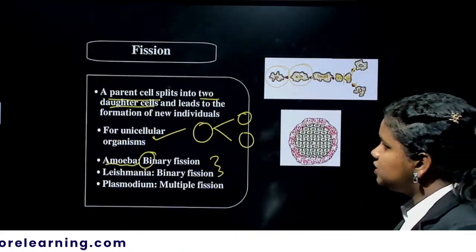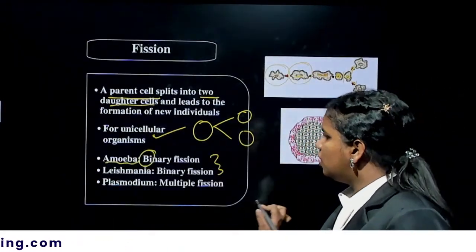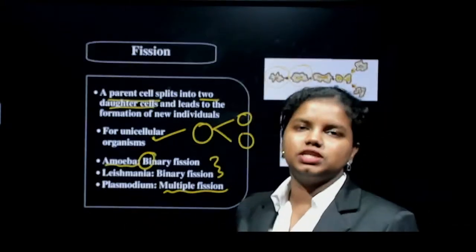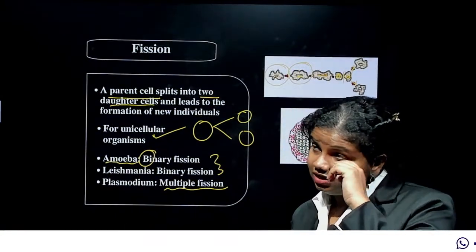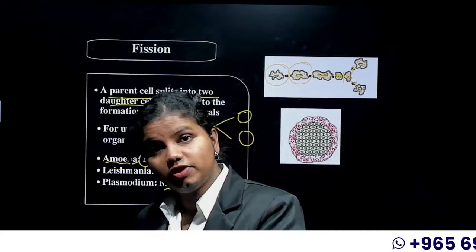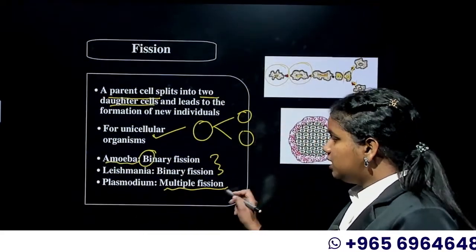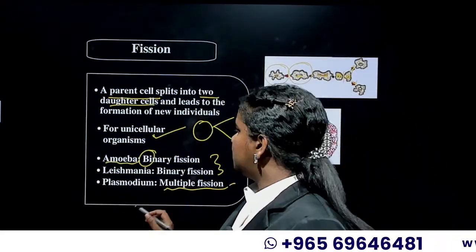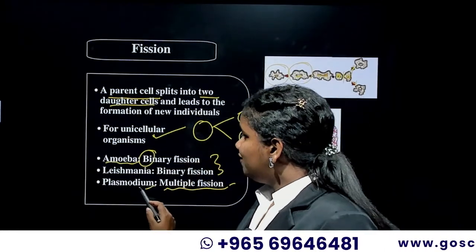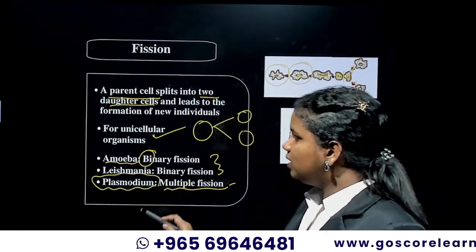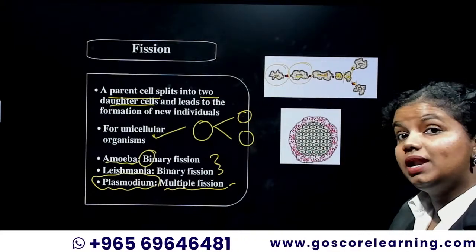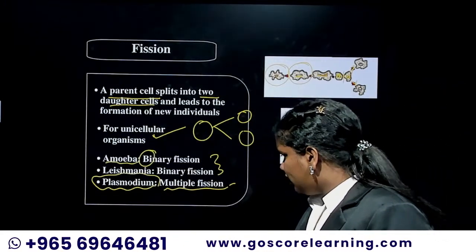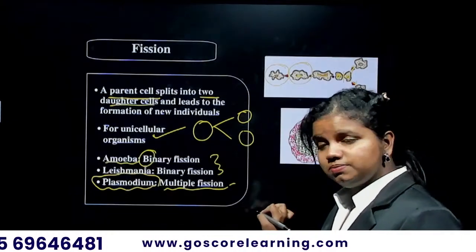But then there is a special case of fission which is called multiple fission. You might not be very familiar with that term. Multiple fission is something a bit different from binary fission, where you can see that particular example in an organism called Plasmodium. Have you ever heard about Plasmodium?